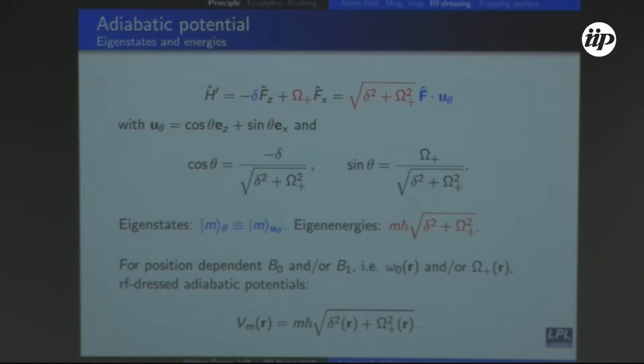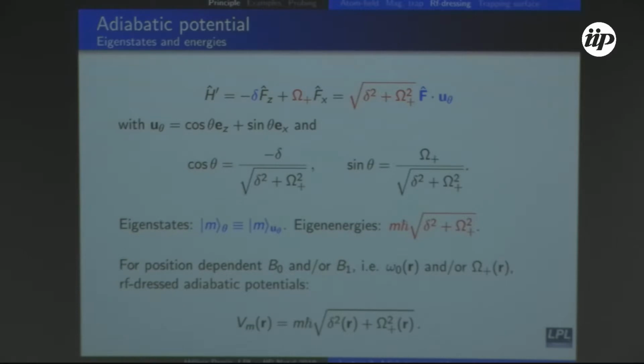I can write this expression as some new amplitude times the angular momentum projected along a new direction theta, where the cosine and the sine of theta can be identified with the delta and the omega plus terms. So the cosine is this one, the sine is this one. And the eigenenergies are given by the amplitude, so just that.